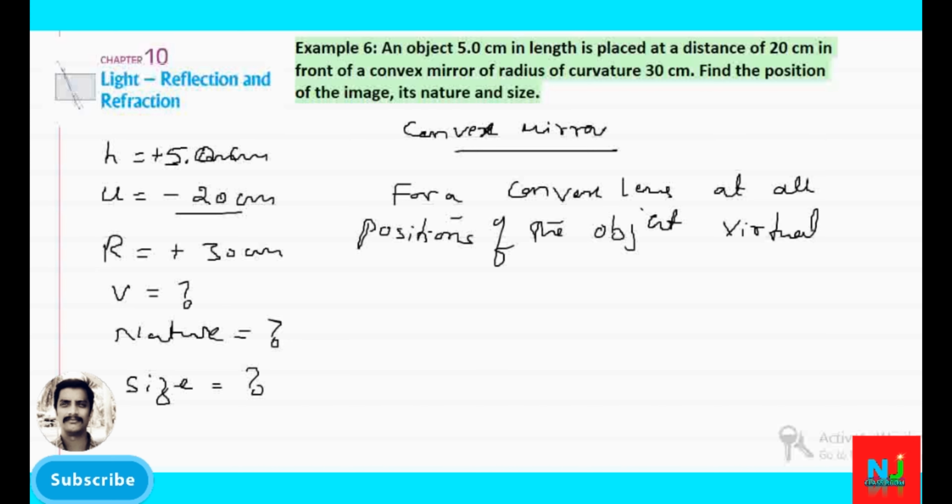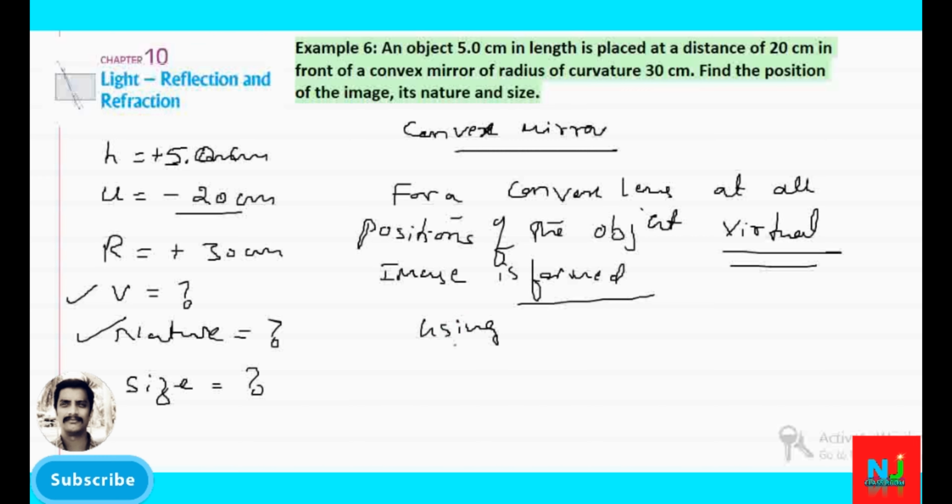Remember, a virtual image is formed. For all positions of the object, a convex mirror forms a virtual image. So the nature of the image is virtual. Now we have to find the position of the image using the mirror formula.